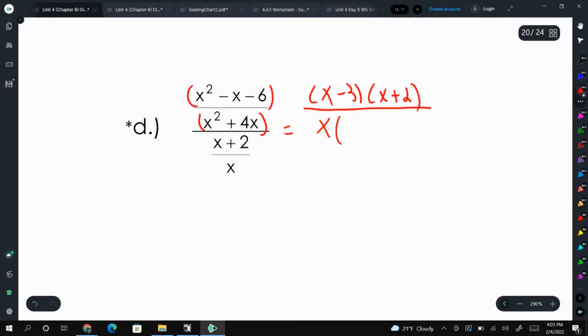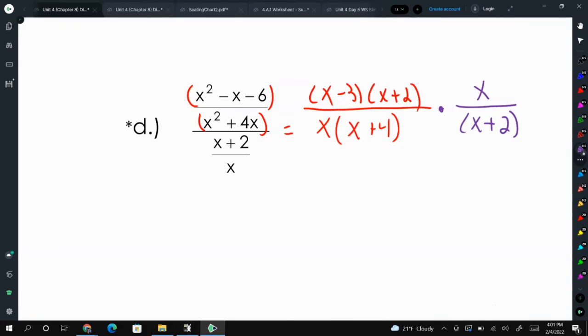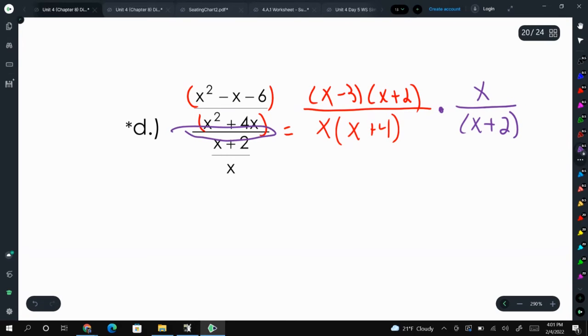And then on the outside is going to be, the inside x plus 4, multiplied by the reciprocal x over x plus 2. So we got to get good at remembering that this fraction bar is the same thing as division, so we can multiply by the reciprocal where we flip this fraction.